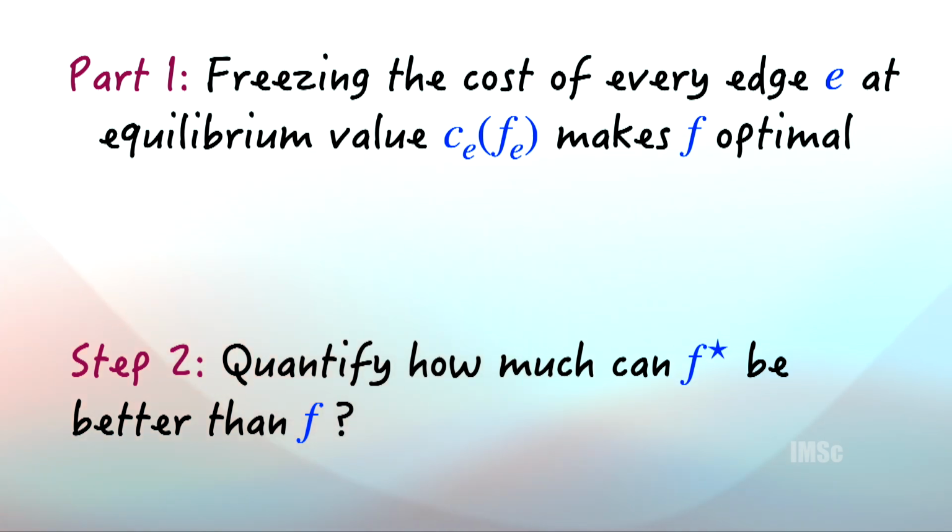Is the point clear? On every edge I am freezing, I am saying the cost here is going to be precisely a particular value. That value is the cost that you get by routing the equilibrium flow. Then in this redesigned network, what is the optimum flow?